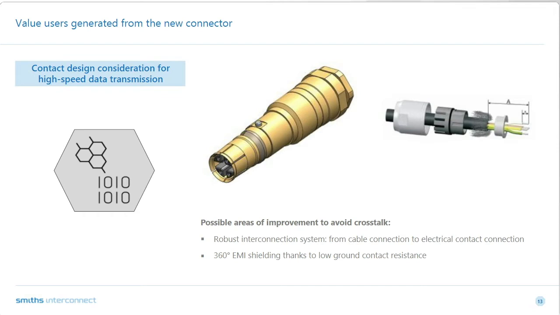But when we are looking into this, we are looking at it from a different lens, if you like. We are looking into how we can design the contact to make sure that not only you get the high data rate that you're after, but that the reliability of the contact is robust enough for you to give a reliable connection for high data rate.